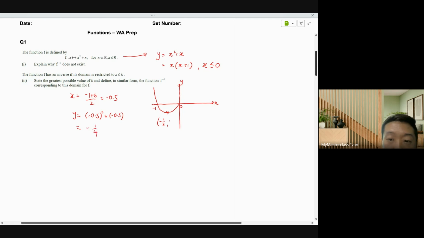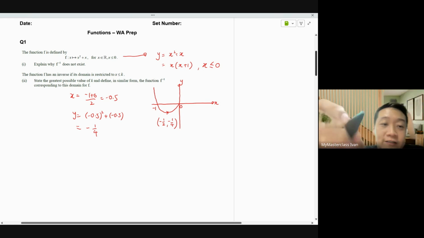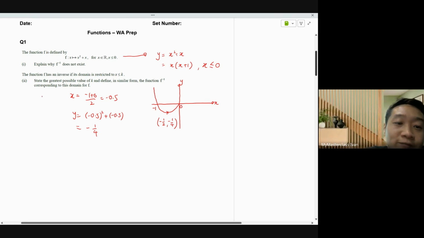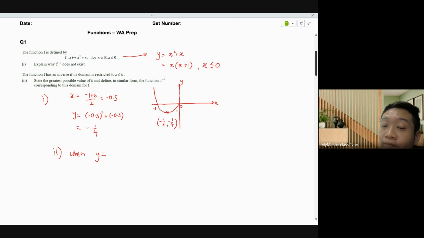-1/4. So -1/4. Okay. Explain why the inverse does not exist. How to explain? You must use a horizontal line. Now you know the x is negative, so you can use anything from 0 to -0.5. y equals 0 also can, because when y equals 0, this line cuts at how many points?